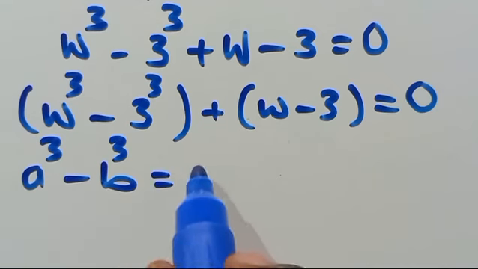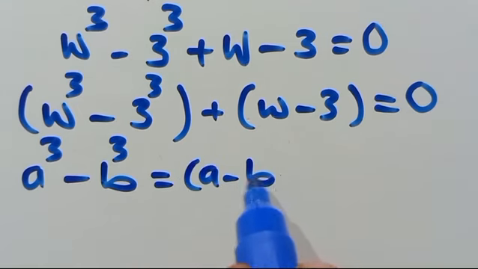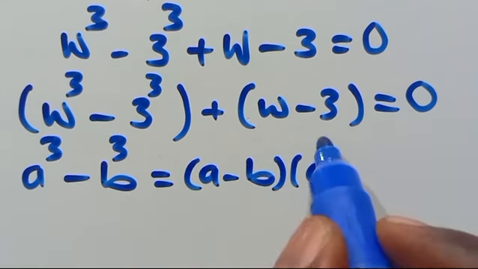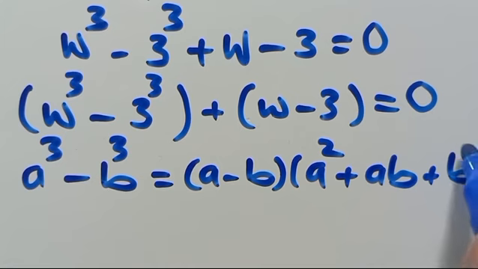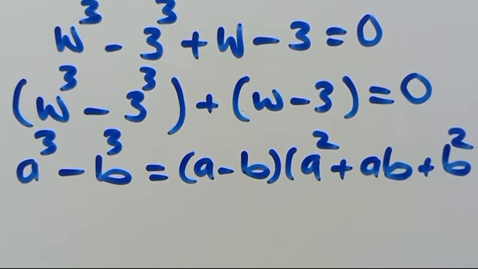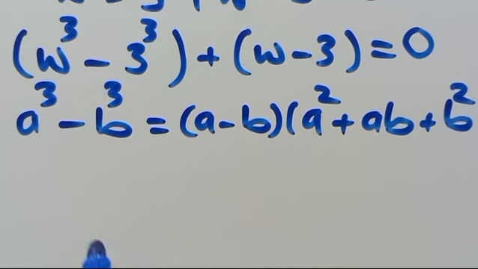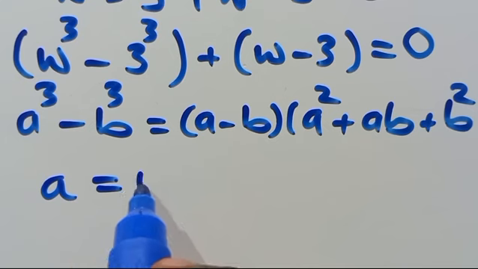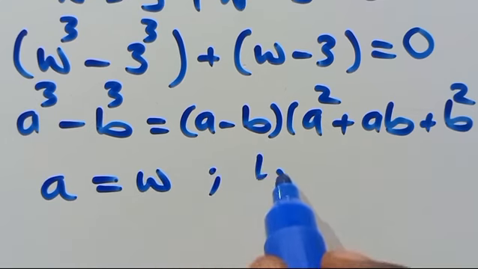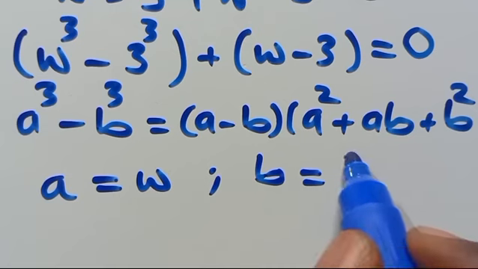We can write this as A minus B times A square plus AB plus B square. By equating it with this one here, A equals W, then B equals 3.